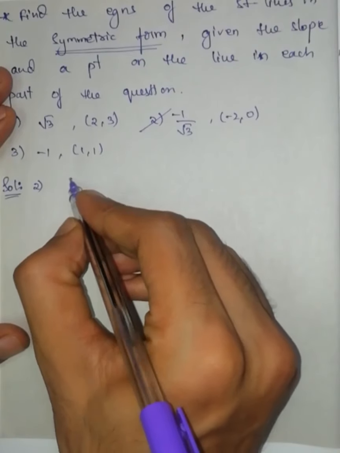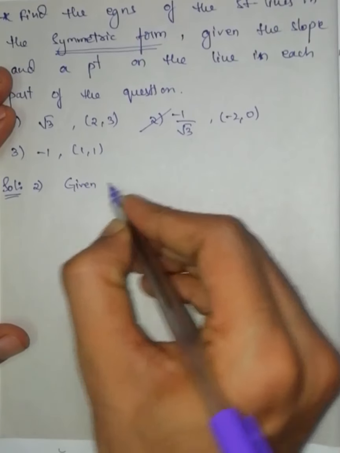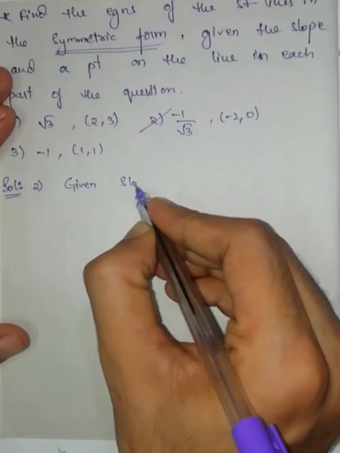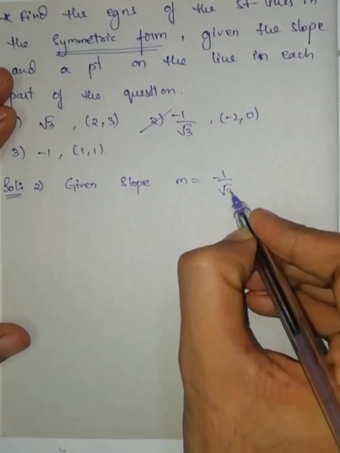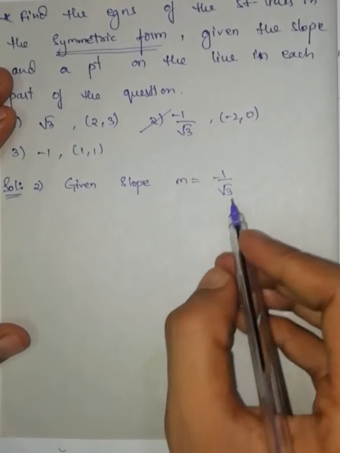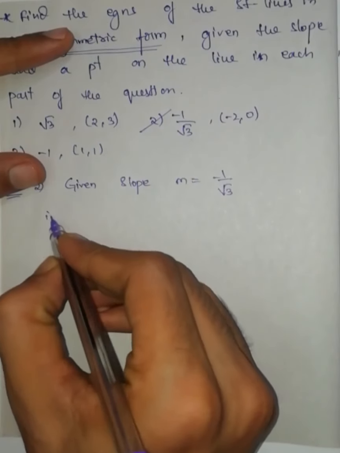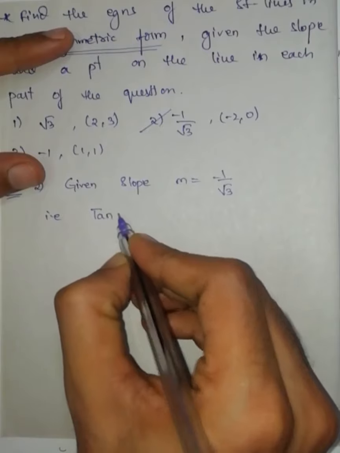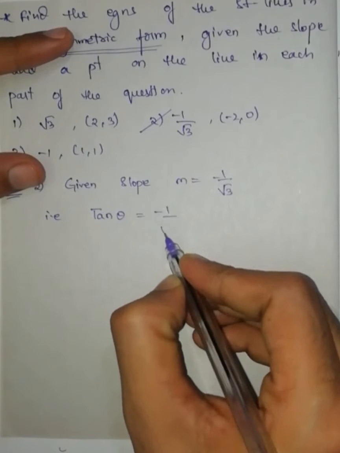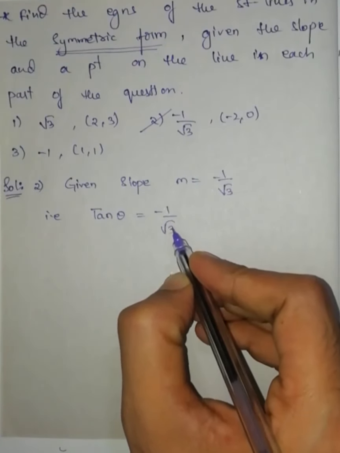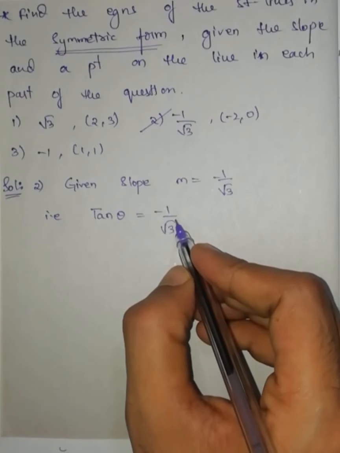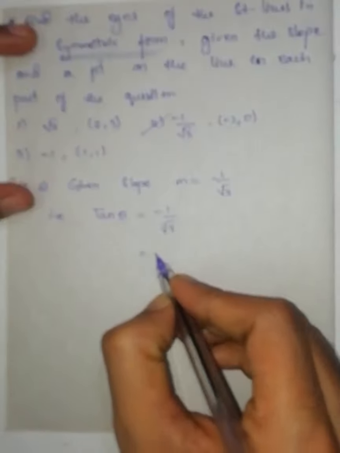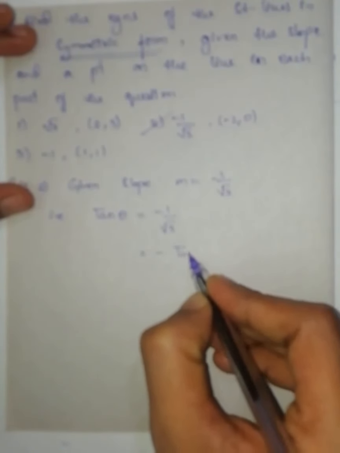Now here, given slope m is equal to minus 1 by root 3. That is tan theta is equal to minus 1 by root 3. Tan will be negative in the second quadrant. This one can be written as minus tan.